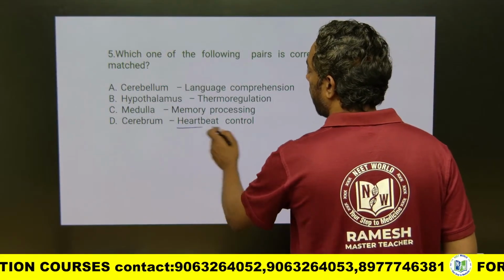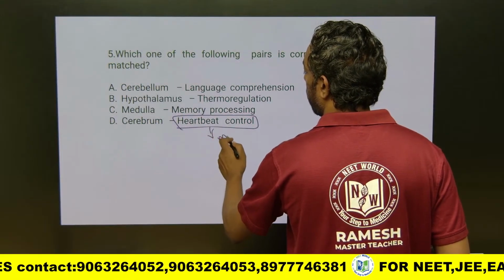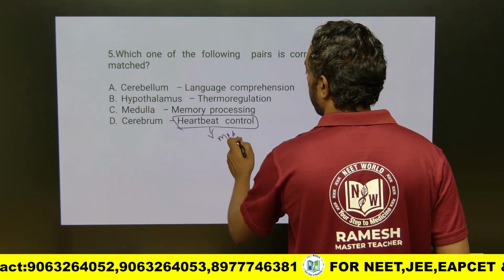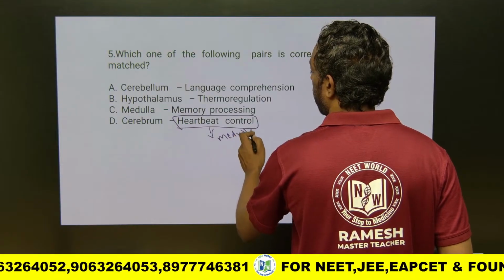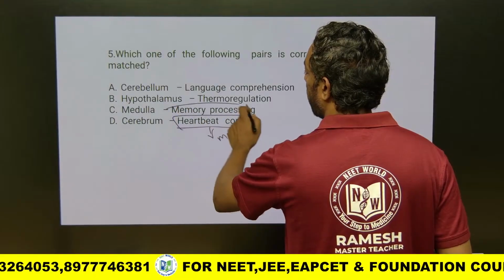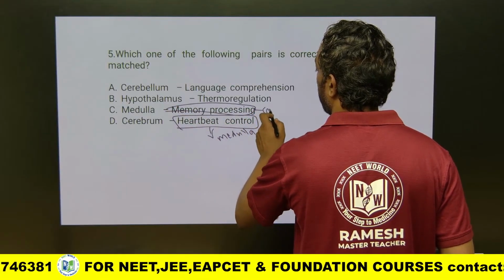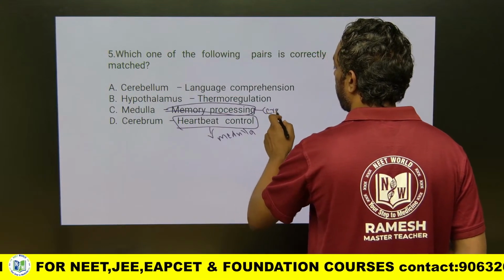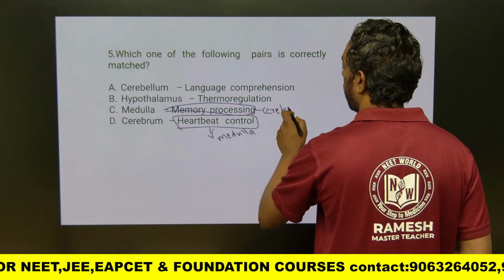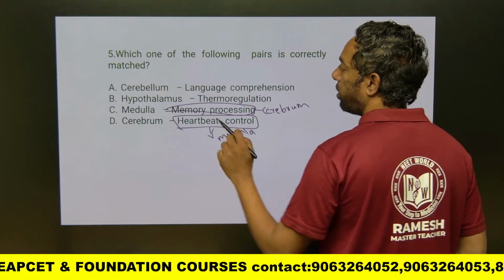This is the medulla. Heart control is always medulla. And medulla is not memory, this is cerebrum. Cerebrum is memory, intellectuality, logical thinking, everything.